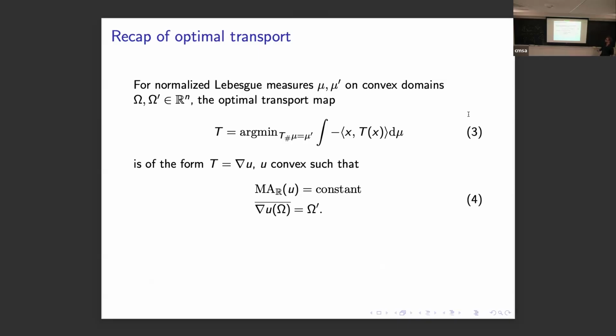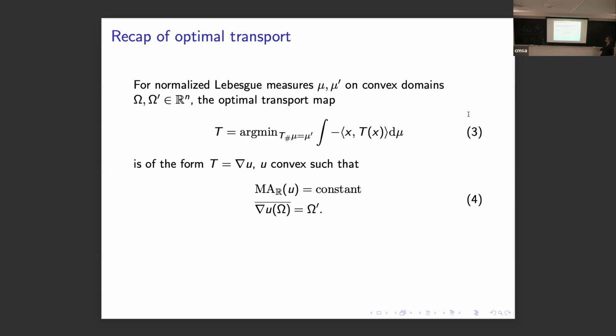In this case, there's a nice theory where the solution is of the form of the gradient of a convex function. If you use that and look at this condition, you're led to this Monge-Ampère type equation. And here, this boundary condition enters naturally. So this is some indication that optimal transport is a good theory for us here.